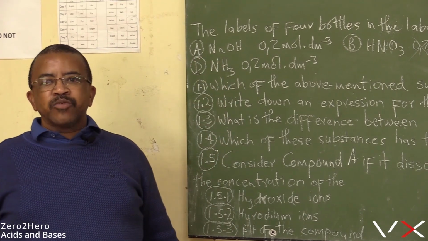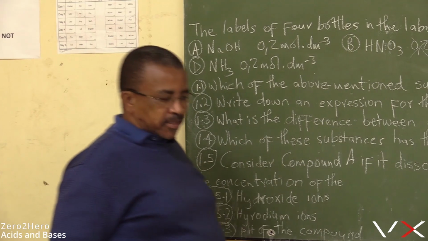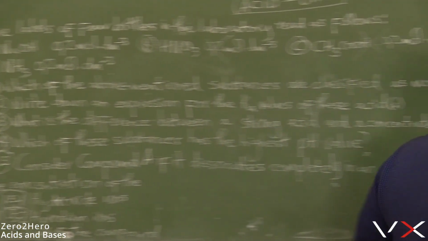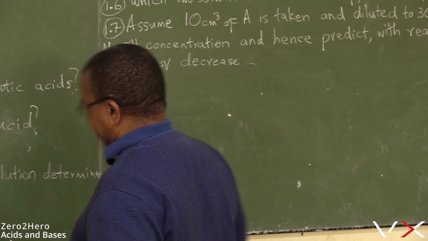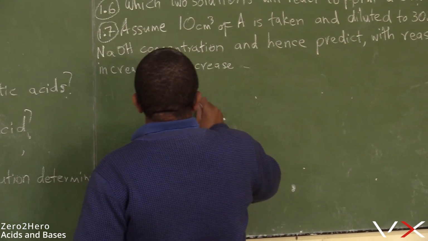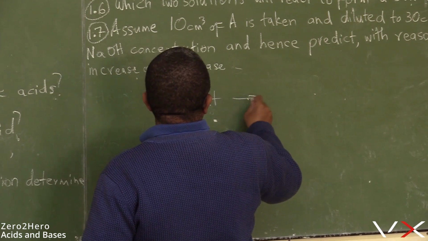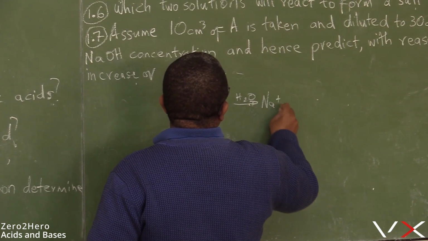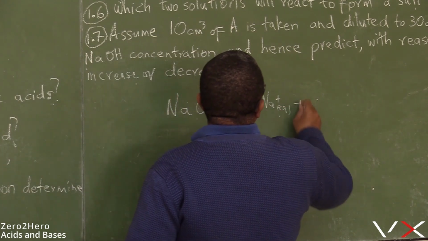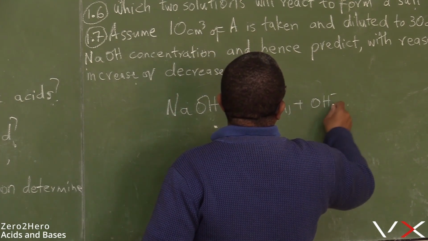So sodium hydroxide, we know, let me write it there. Sodium hydroxide in water forms Na plus aqueous and OH minus aqueous.